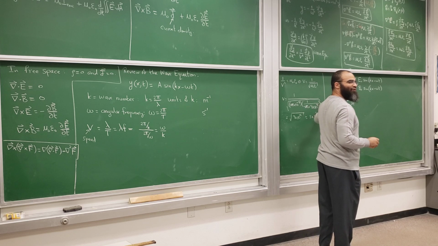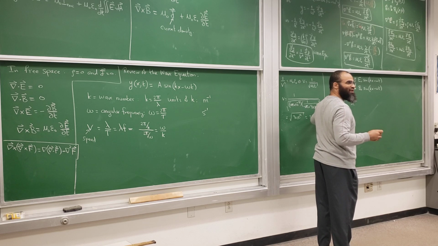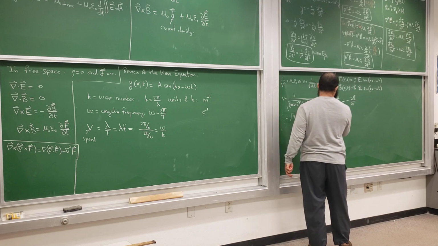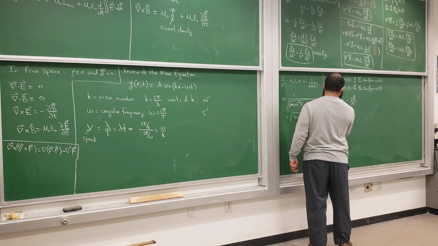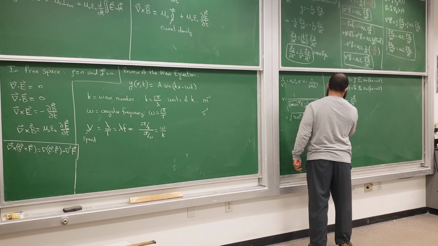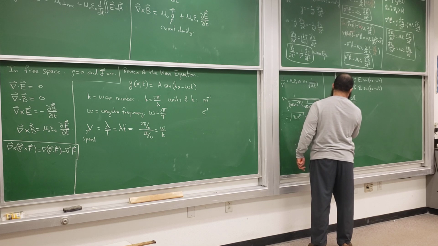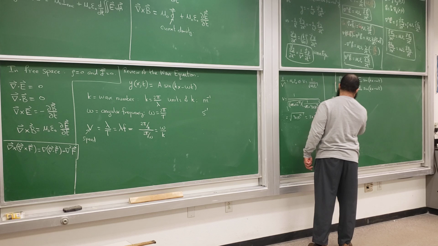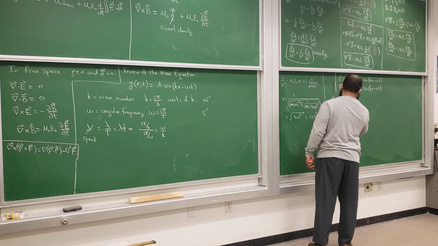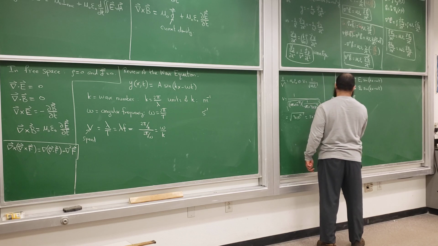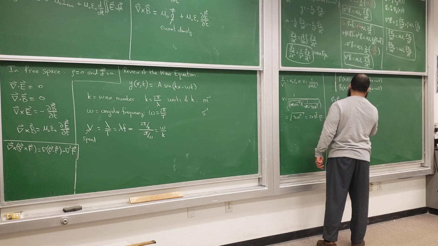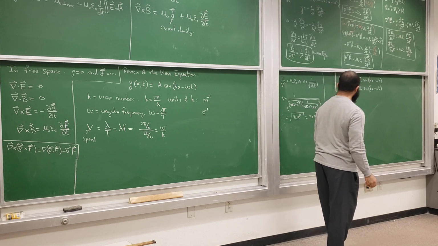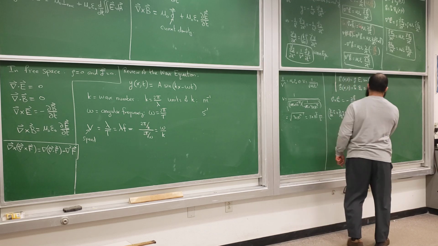The curl of E. What is the curl? We haven't explicitly calculated the curl, but let's do it. The curl looks like this, and then cross product with E, right? But what's E? E is this.